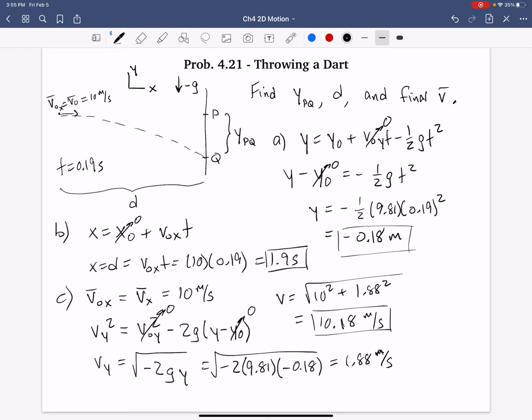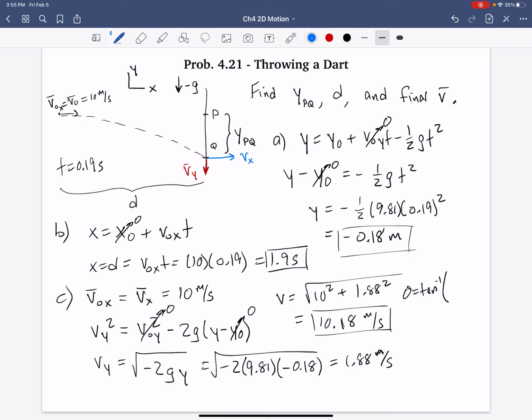To make this a velocity, we need the angle. To do that, we need inverse tangent. I'm quickly running out of room, so I'm going to draw it on here. In colors, we have our regular v naught or vx, and in red, our vy.